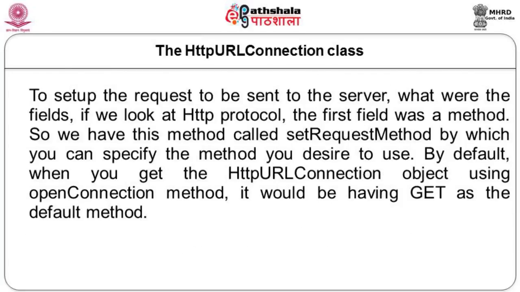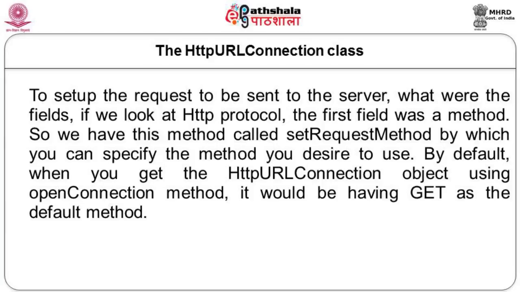Okay, so let's proceed and look at what are the things which we can use now. The first part I mentioned was setting up the request which we would like to send to the server. To set up the request, what were the fields? If you look at the HTTP protocol, the first field was the method. So you are interested in specifying the method.